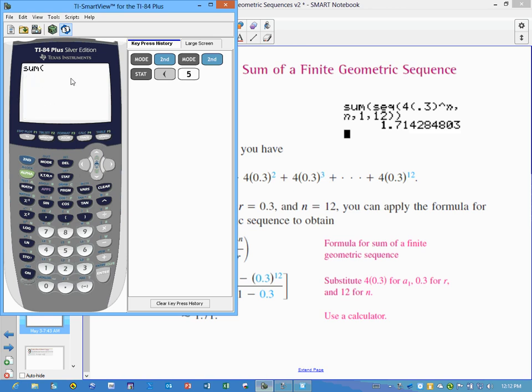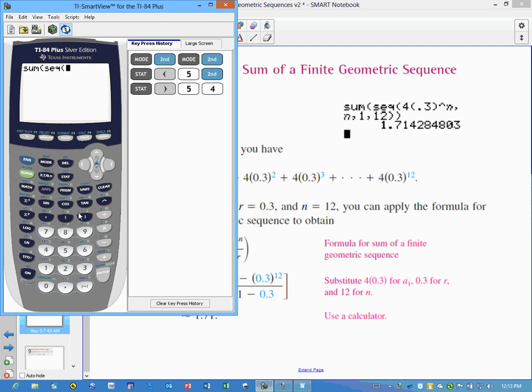So I want the sum of a sequence. Within the sum, I'm going to go again back to 2nd STAT, which is my list menu. This time over to OPS, and again choose number 5, which is seq. So I want the sum of the sequence. And now the syntax is the general term.